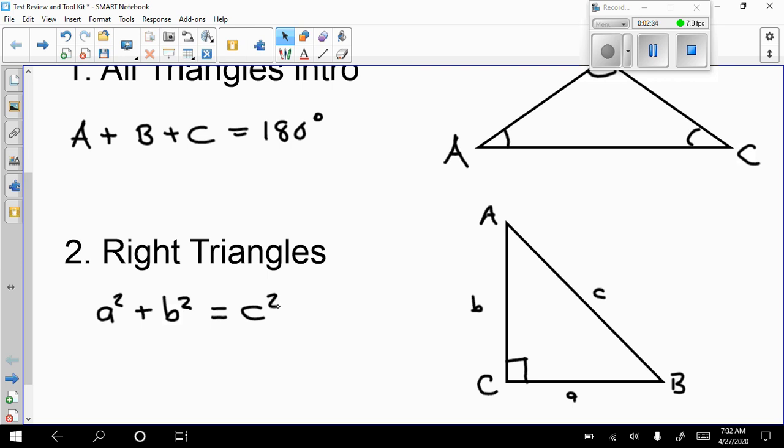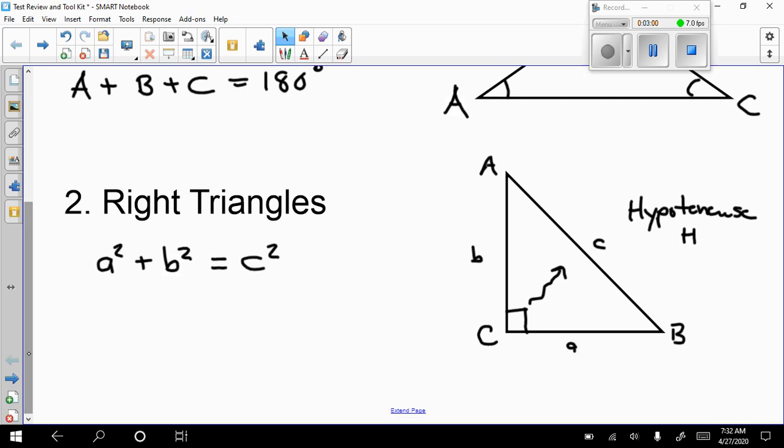And side C, which is opposite the 90, is the hypotenuse. So I'm going to label it hypotenuse, or H. Okay. And the other two sides are just the shorter sides. So this is what we call Pythagorean theorem. And again, you're welcome to use that. That's a method that we can use to solve for lengths.